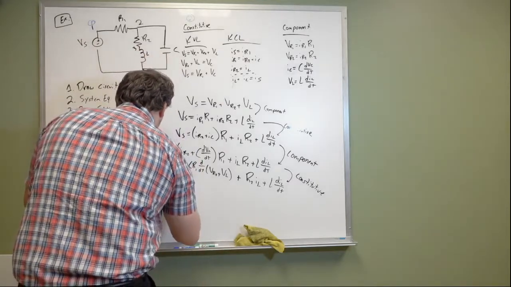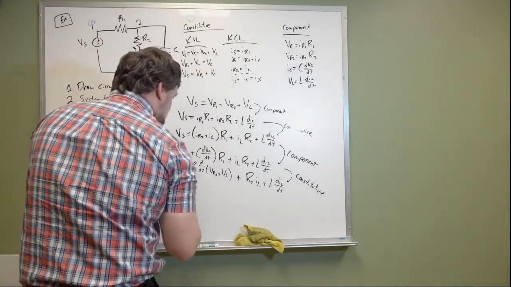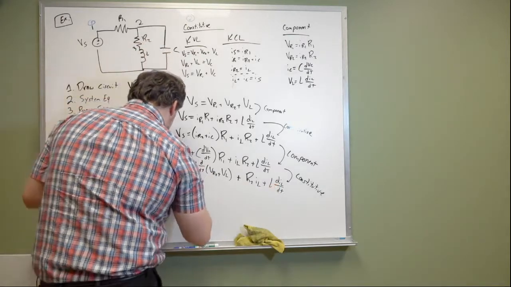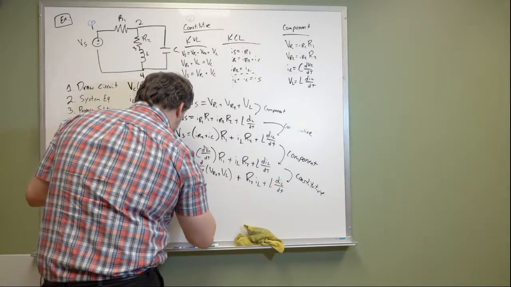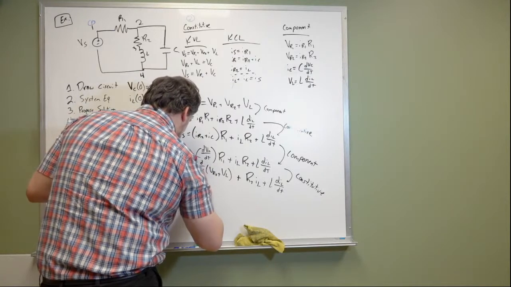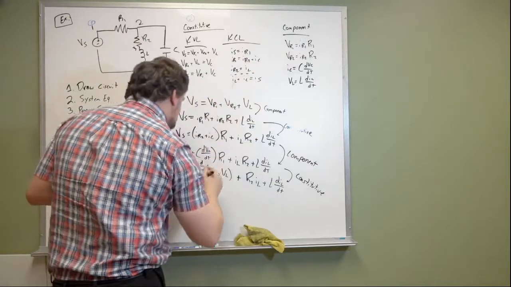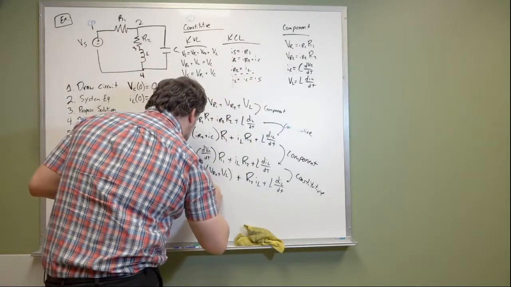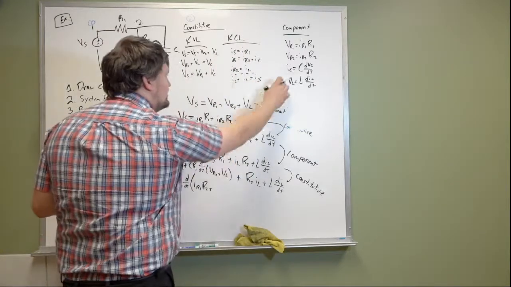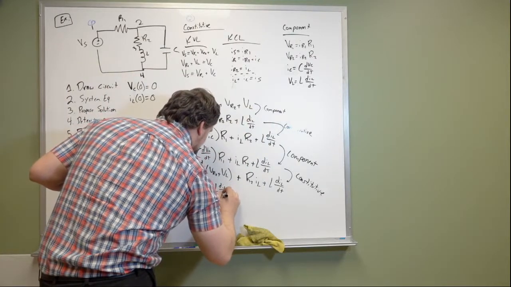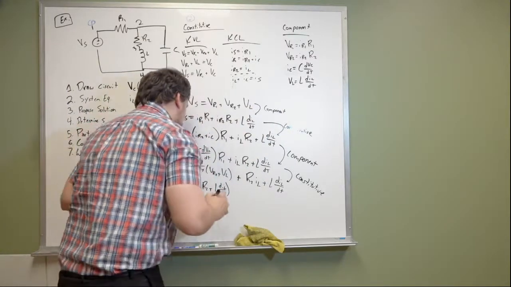So we have VS is equal to C R1 times the derivative, and here VR2, we go back to our component equations, and that is IR2 R2, VL, go back to our component equations, L dIL/dt. Okay.